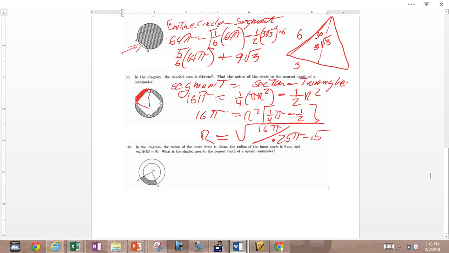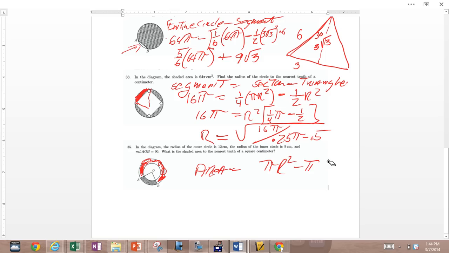And lastly, let's take a look at this. You had a problem before then, which was to find the entire shaded area. So the entire shaded area, which is the area between the two circles from problem number 34, that entire shaded area would be pi big R squared minus pi little r squared.